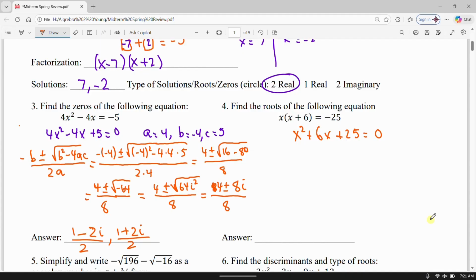Let's see if any two numbers multiply to equal 25. 5 and 5 doesn't work. So we're going to do it the same way as that one over here. It's the same process.